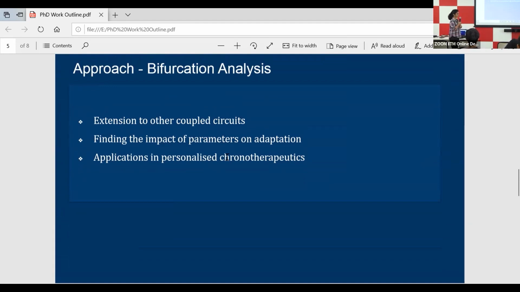And then the idea is, if we have a circuit like a toggle switch driven by an oscillator, can we equate it with the biological scenario where the circadian clock is driving the expression of a gene?